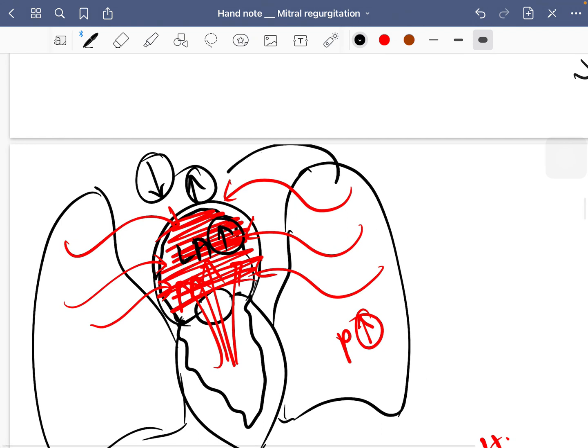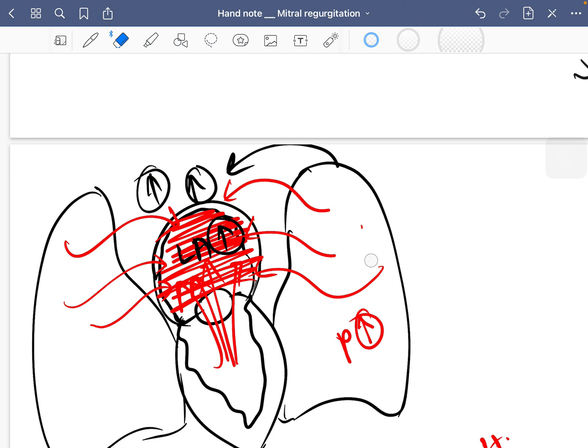That's why blood is coming from lungs to left atrium. But due to this backflow, now the left atrium contains more blood, and the pressure is increasing in the left atrium. That's why the blood cannot easily come from the pulmonary capillary to the left atrium. Okay, so what will happen?